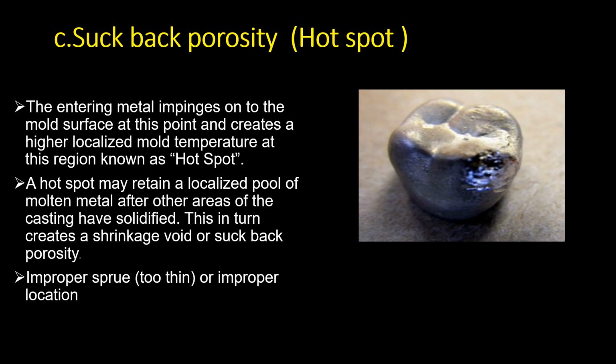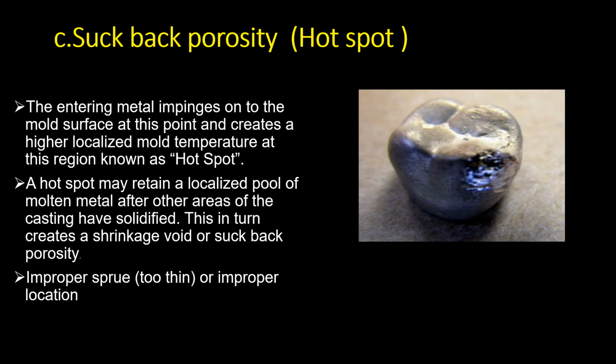The next one is suckback porosity. You can very well appreciate the porosity near the cuspal pattern. You can see the suckback porosity again at the junction of the wax pattern and the sprue attachment. If the sprue is attached at 90 degrees, or if the sprue is too thin, it leads to suckback porosity.